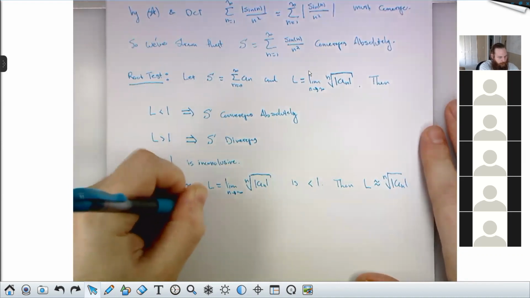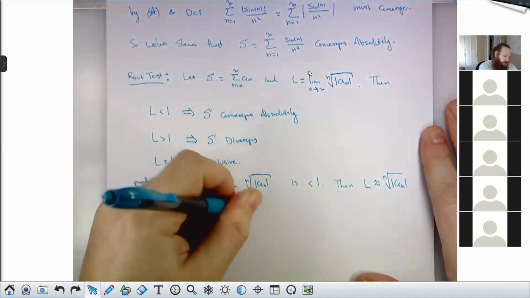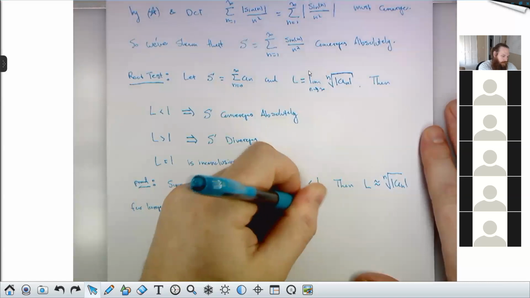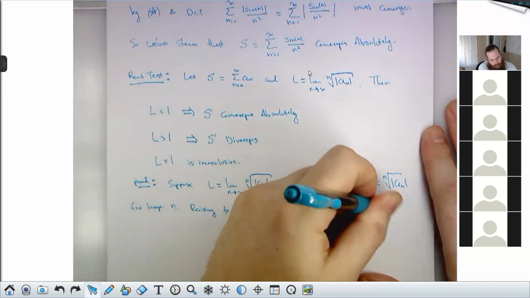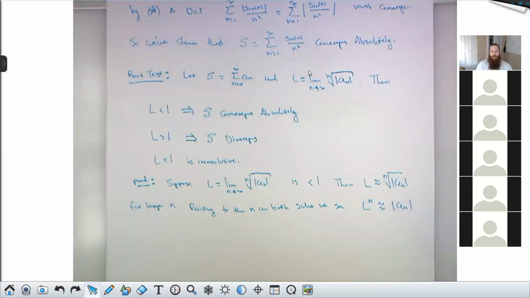Raising both sides to the n power, we see L to the n is very close to the absolute value of a_n. Right?